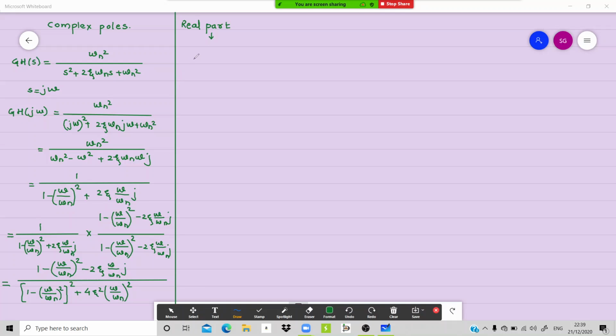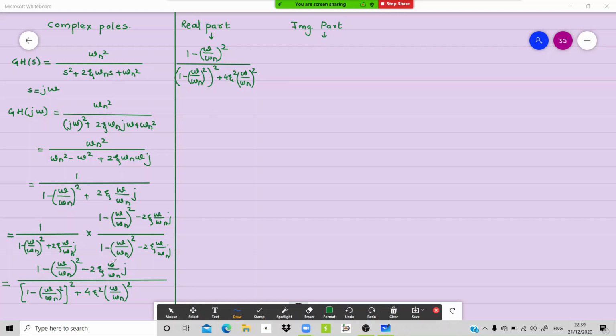Yeah, so it is (1 minus omega upon omega n) bracket square upon (1 minus omega upon omega n) bracket square whole bracket square plus 4 zeta square (omega upon omega n) bracket square. Then imaginary part.